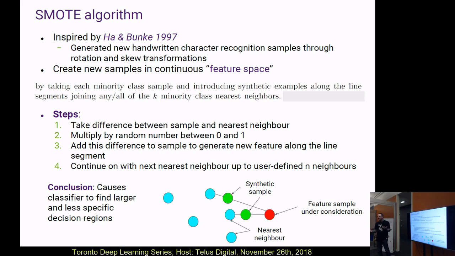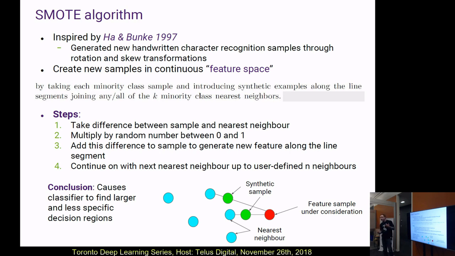We calculate the distance between that sample and its nearest neighbors. In this case, I just illustrated 2 examples over there. You find out what that distance is, and then you add some random fraction of that distance along the line segment joining the 2 data points to generate a new synthetic data point, which I've illustrated as green.